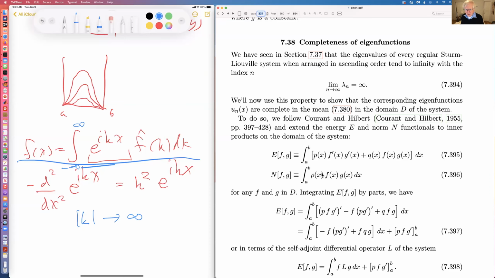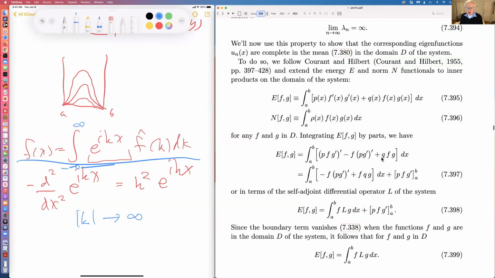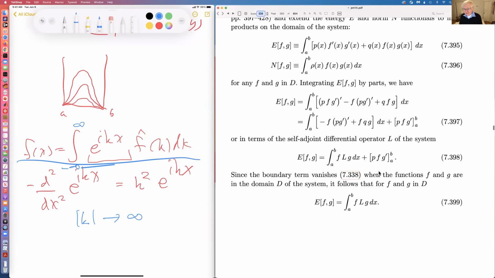And here are inner products that are quite amusing. Inner products of two functions, and we have here two different inner products. And if we integrate the first one by parts, then we see this turns into f L g plus the boundary terms, but this vanishes, so E is just f L g.